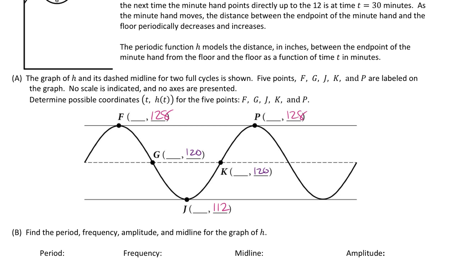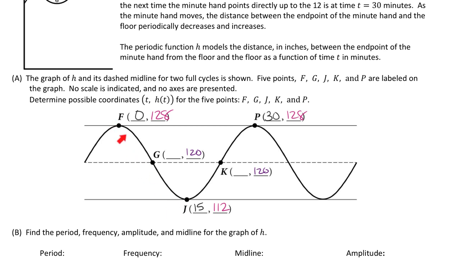Now again, we said that at time 0, it's up above. So that means this is 0. And what's the next time that the minute hand would be up at the top? 30, which means when is it at the bottom? 15. And when is it in the middle the first time? Wait, how did we get 15? 30 divided by 2 is 15.